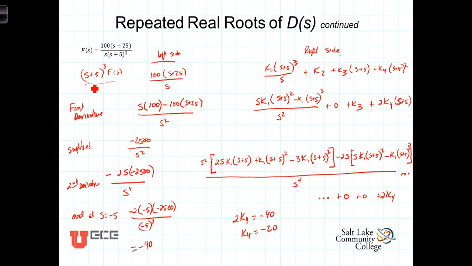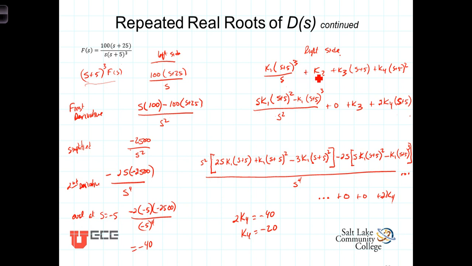So I've gone through and just made a table here of the work that we've done up to this point. Here's the s plus 5 quantity cubed times f of s. The left side of it is that. The right side of it is that. So that term where we had k1 over s, it's k1 over s times s plus 5 quantity cubed.